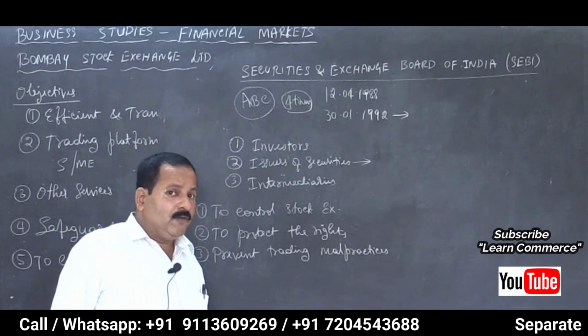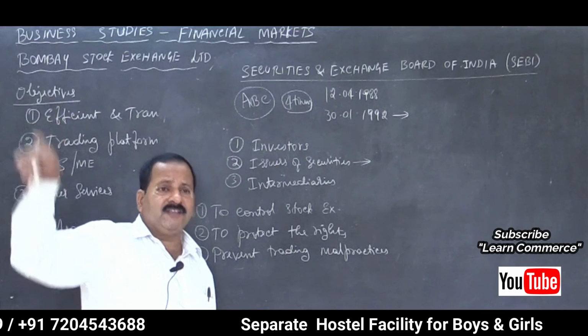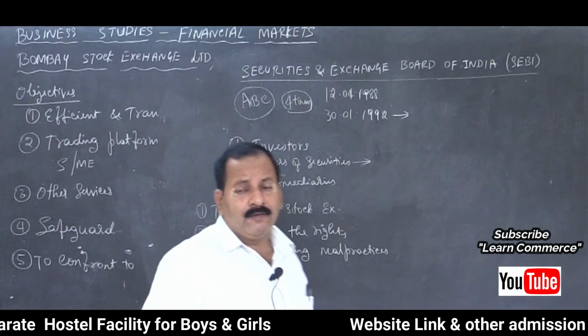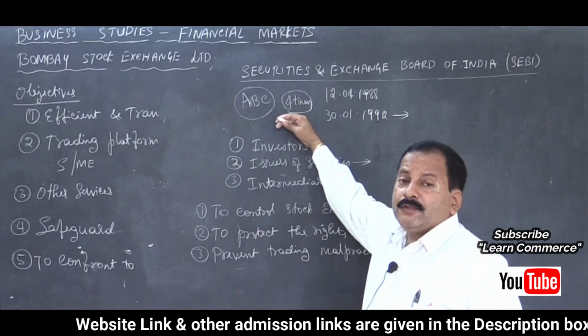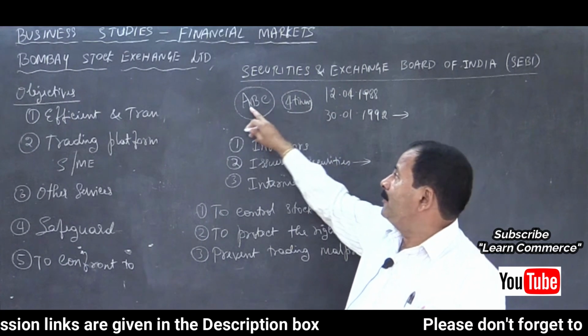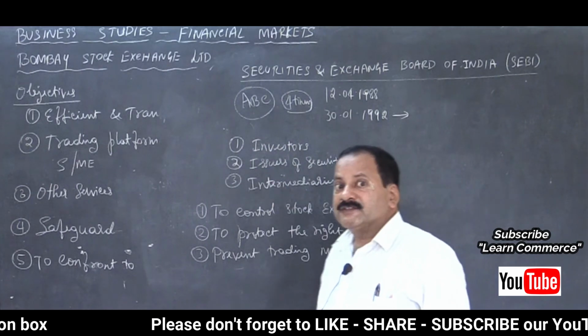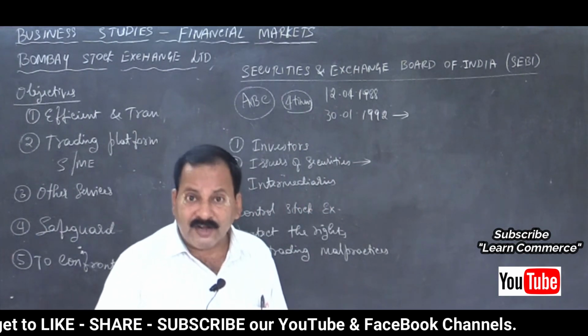Ultimately what happens? When the demand increases, the price also will increase, isn't it? Everyone will start buying the shares, and there may be a shortage of shares in the market. Then by that time, this person, the broker, may sell all his shares at a higher price. People continuously start buying.